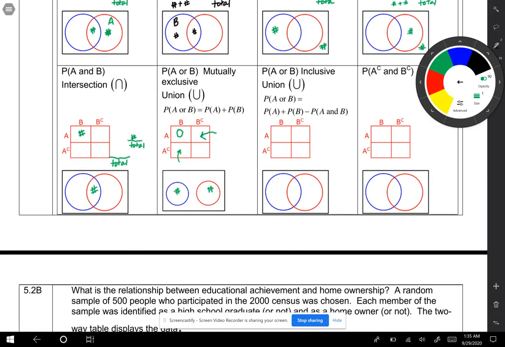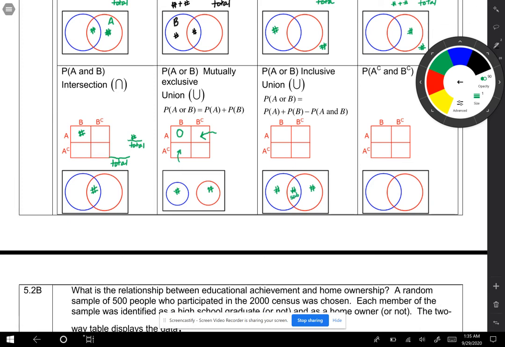Okay, so for the next one, if they're inclusive, meaning they can occur together, you want to subtract that overlap. Basically you have all of this, but you're going to have to subtract that middle region. So you're going to subtract this portion.